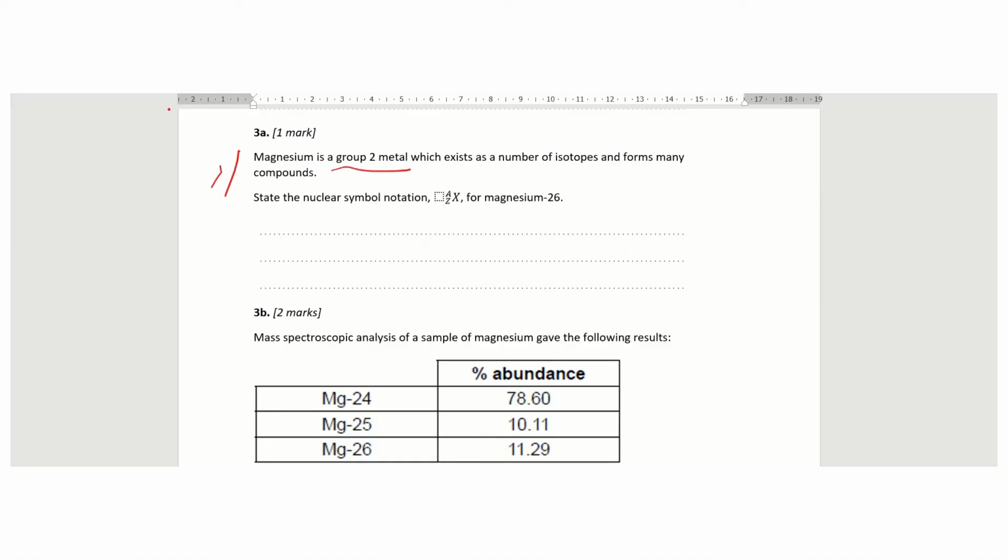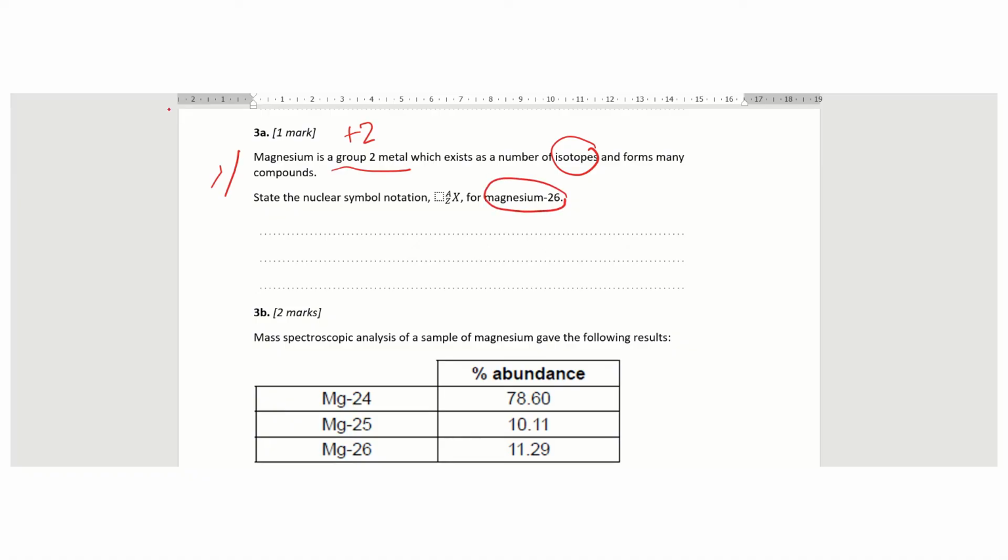Knowing it's a group 2 metal, I automatically know that it's going to form a +2 charge and exists in a number of isotopes. And the word isotopes means that I have an element that has the same atomic number but different mass numbers.